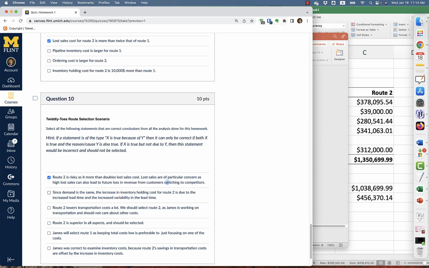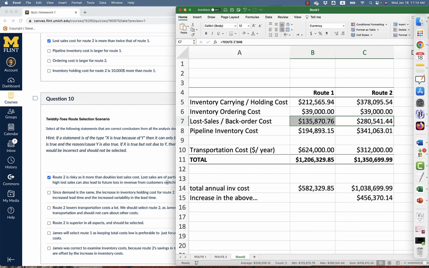It is true that the increase in the inventory holding cost is coming from the increased lead time and the standard deviation of lead time, but it's also coming, yes, that should be true, because the landed cost is lower, which is actually helping us, but the increase is coming from the increase in lead time and the increase in the standard deviation of lead time.